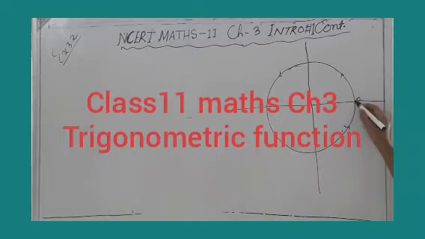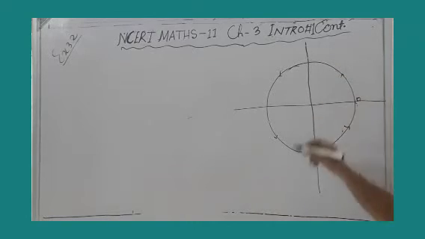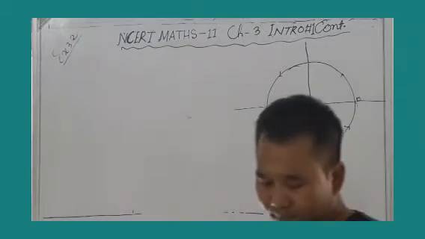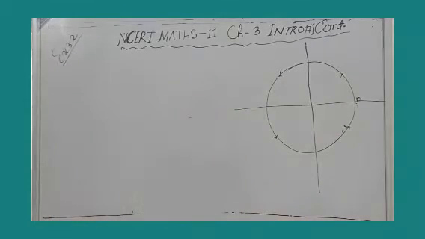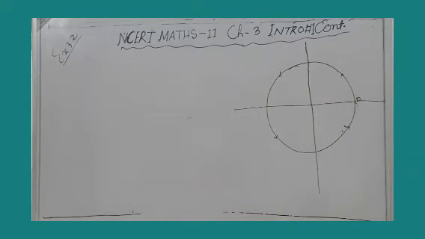So the same thing will be repeated. That means at every 2 pi, the value of x keeps repeating.